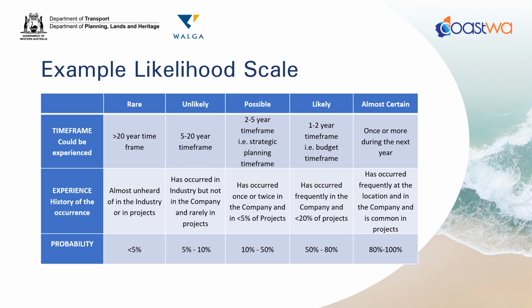So as you can see here, we range from rare to almost certain, which is pretty much standard for this type of likelihood assessment. But we can assess it on a range of different factors. We can have it based on the time frame that it could be experienced, the history of occurrence of those events, or probably the more common is the probability of occurrence, because what we're talking about with a coastal hazard risk assessment, and a coastal hazard analysis, is really a probabilistic type assessment.